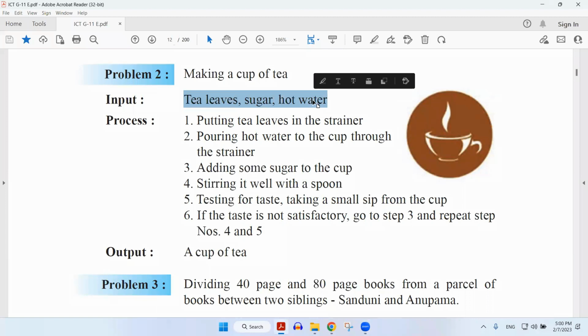Those are the inputs that they have taken. They are just talking about a plain tea over here, not a milk tea, right? So putting tea leaves in the strainer, pouring hot water into the cup through the strainer, adding some sugar to the cup, and stirring it well with a spoon.